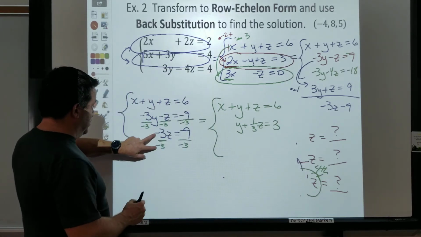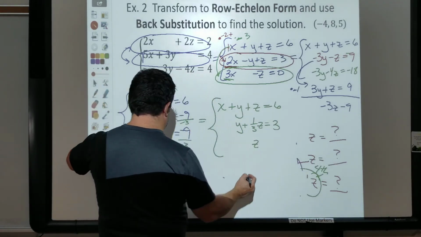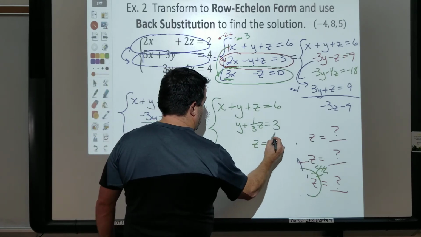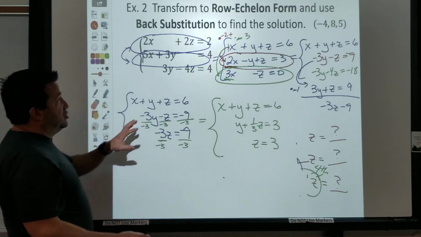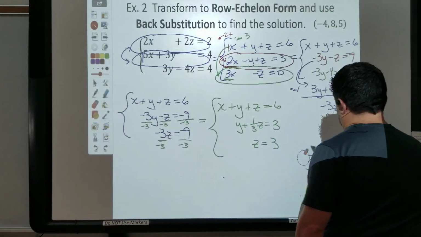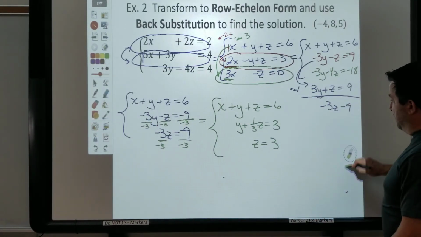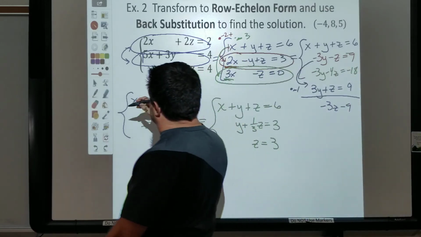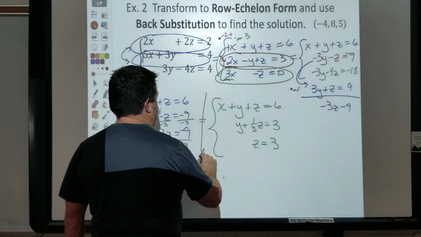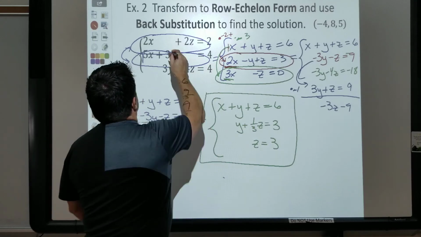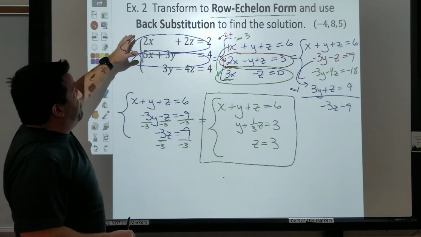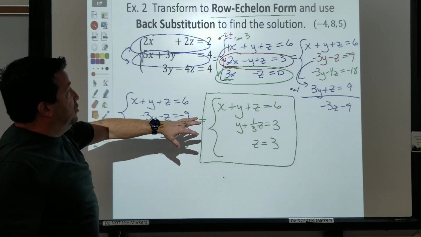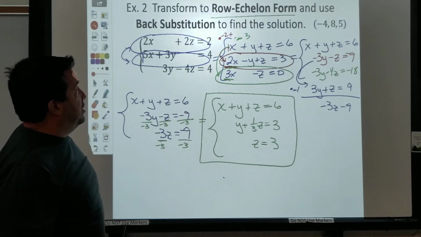And then this equation becomes just 1z equals 3. This is row echelon form. Now that I have it in row echelon form, that's the first step, so that's my first answer. Then it wants me to use back substitution to find the solution.